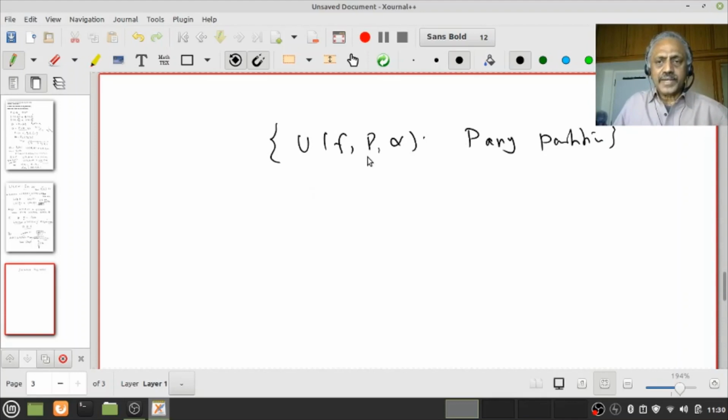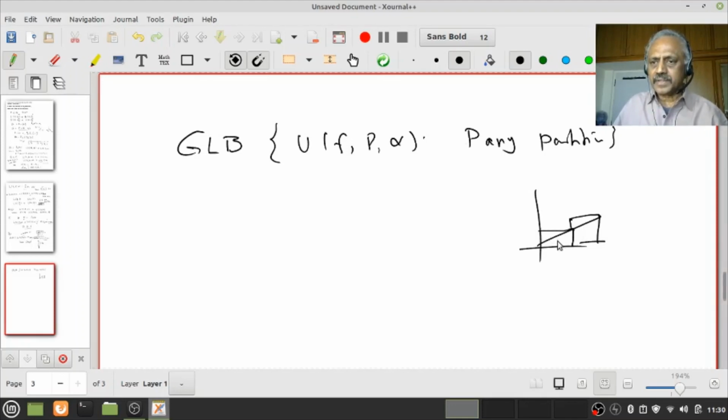As I take finer and finer partitions, upper sums come down, and therefore the error between the upper sum and the area under the graph becomes smaller and smaller. Therefore what should I take here? I should take the GLB, the minimum of these things, right? So this is the one. This will be my area, upper sum. But if I take the other, I'll get a smaller area.